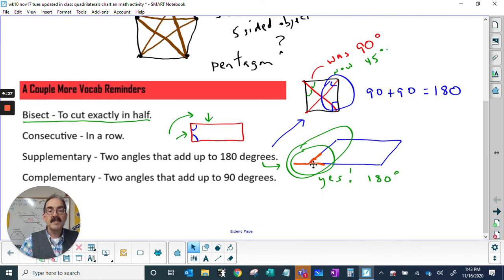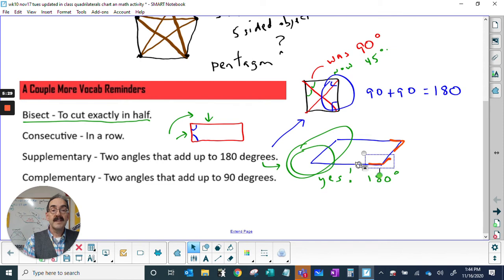What happens if I take this one here, and that was over there? I'm going to move him down here. What happens if I take this guy and move him up here? These are also 180 degrees.